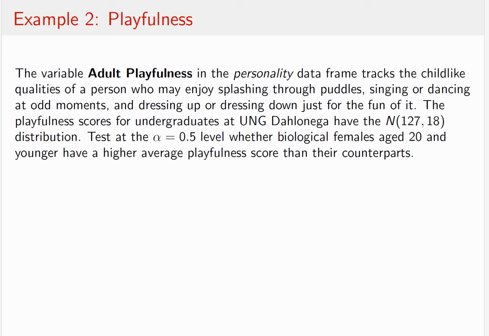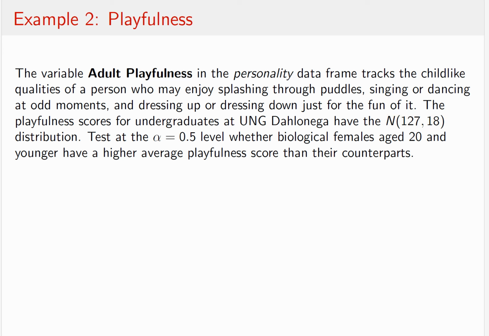Okay, and so we did this, and we found that the distribution for adult playfulness at UNG Dahlonega was an average score of 127 with a standard deviation of 18. And so now we're going to test at the 0.05 level of significance whether biological females aged 20 and younger have a higher average playfulness score than their counterparts, than the rest of UNG.